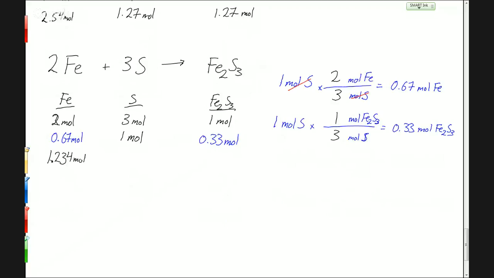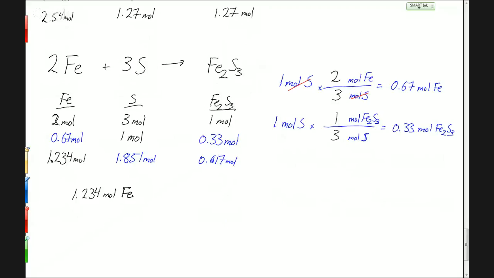All right, so you get something like 1.851 for this and 0.617 for this one. So let's look at where we got that again. Same type of equation, but now we're starting with the 1.234, and that's iron.